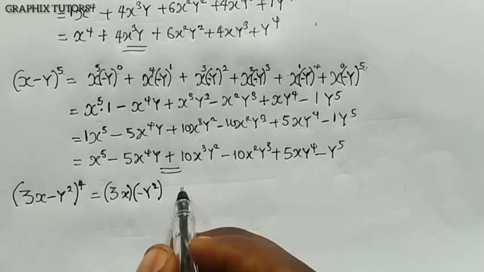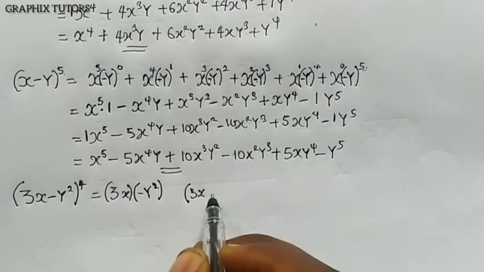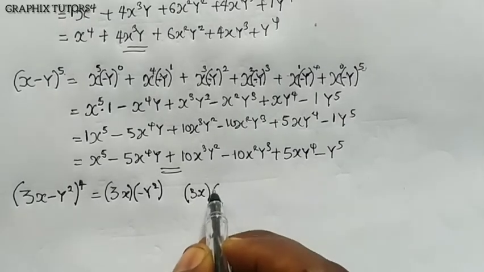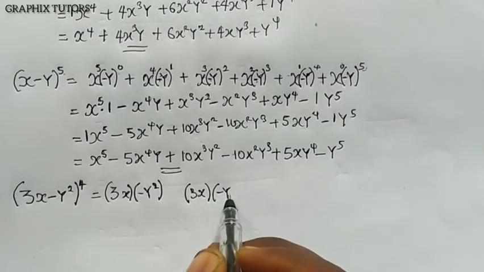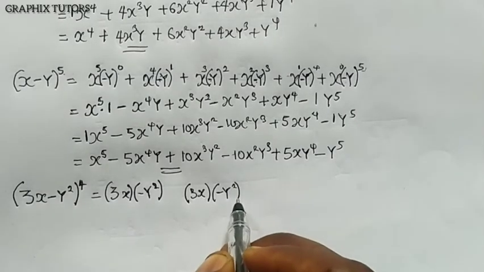I will come again and do the same thing here: 3x, close the bracket, open another one, minus y^2, close the bracket again.